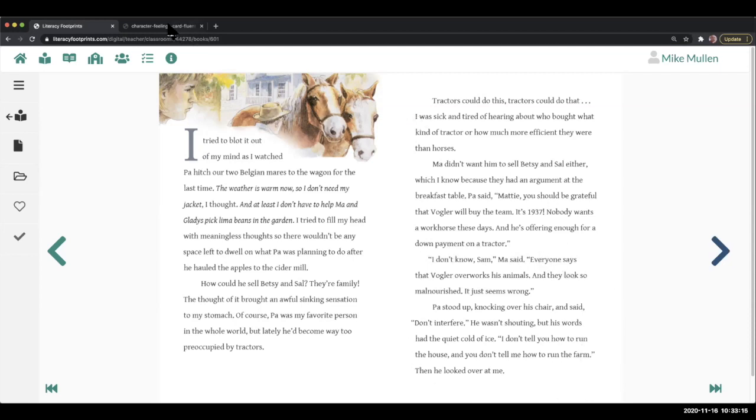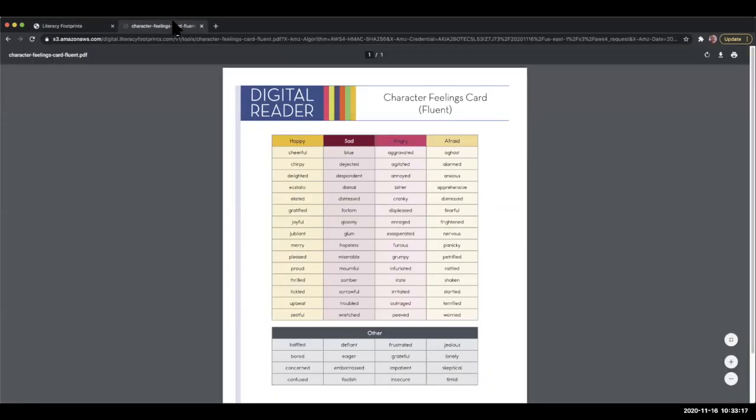And we're going to use, again, our character feelings card. What we do when we use this card is we look at the category of feelings at the top. Happy, sad, angry, afraid. Which one of those four would Paul's feelings fall into? Probably right here, angry.